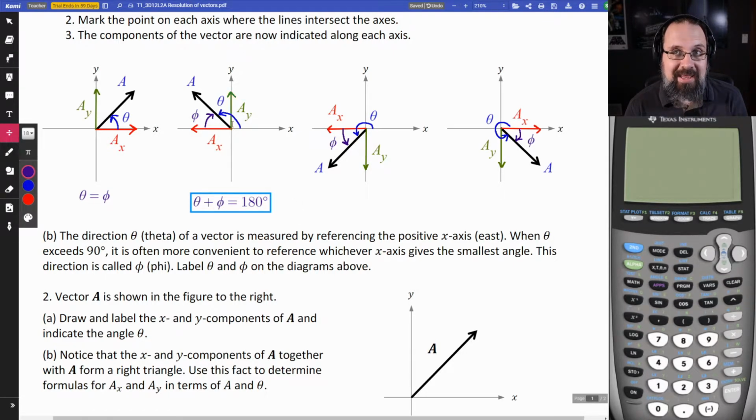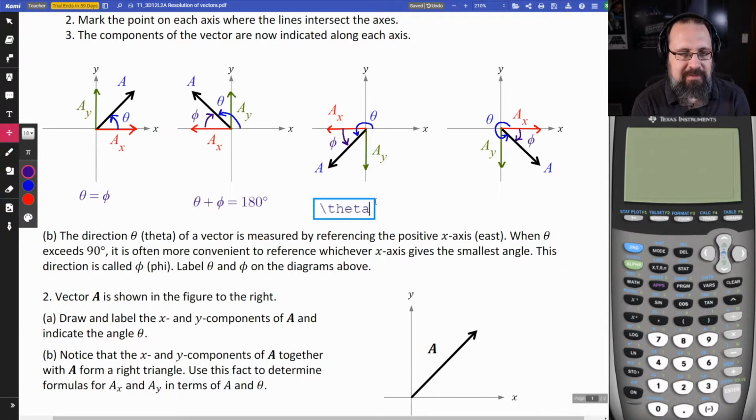So if we take theta and phi and add them up, we get 180 degrees. Over here, let's see what could happen. In this case, if we took theta and subtracted phi, then you'd get 180 degrees. So theta minus phi would give us 180 degrees. And in the last case here, if we took theta and added phi, we would have 360 degrees.